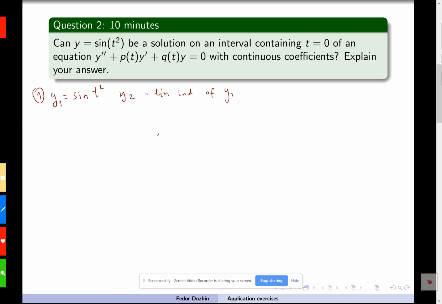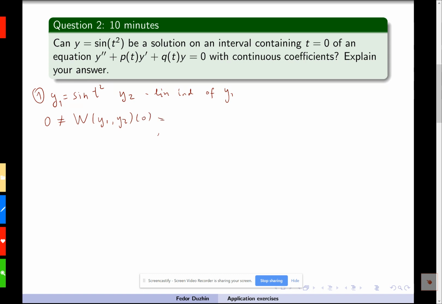Then the Wronskian of y1 and y2 should not be 0, evaluated at any point. And of course, since we are talking about an interval containing the point 0, then we probably should try 0.